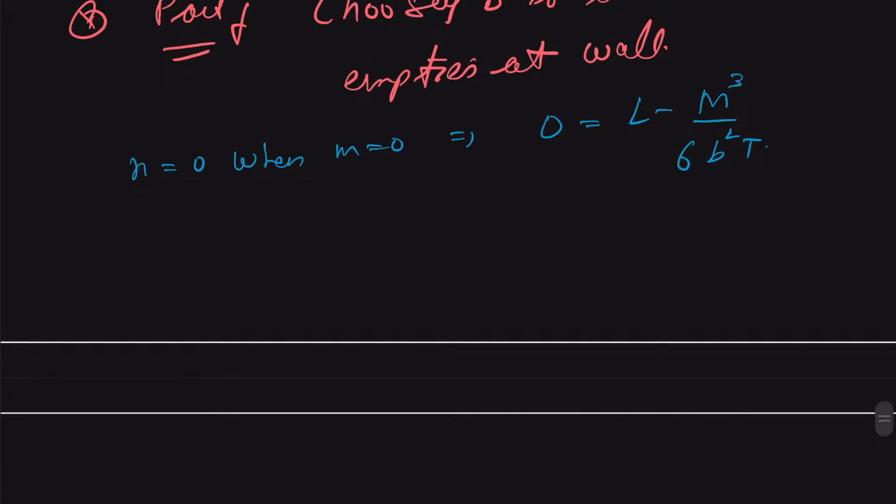So from here we get that the value of b is equal to the square root of M cube over 6Lt. So this is the value of b.